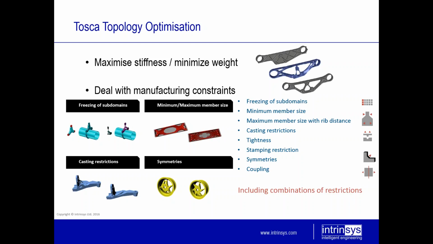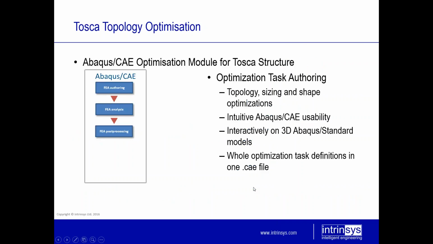It can deal with casting restrictions such as the draft angle we can have on a part. It can deal with the thickness, the tightness, the stamping restriction, the symmetry and the coupling. And obviously we can have a combination of some restrictions.